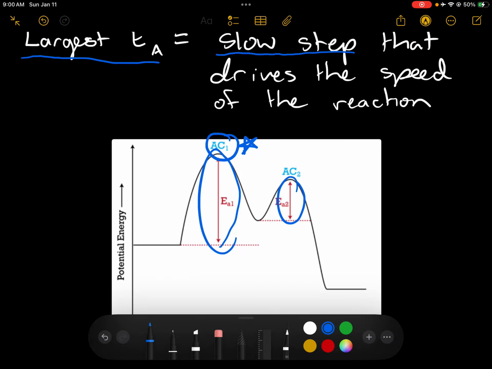And the slow step is the step that's always going to drive the speed of the reaction, because no matter how fast the rest of the reaction goes, the reaction as a whole cannot go faster than the slow step goes. So however fast the slow step is going, that's more or less going to match the speed of the entire reaction, because the faster steps tend to happen a lot faster than the slow steps will ever happen.